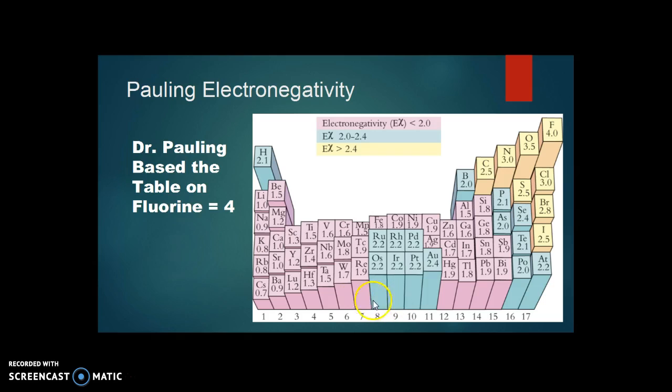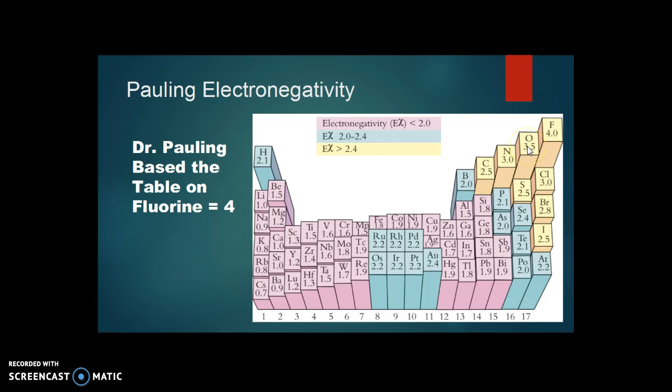So this is a table showing the electronegativities according to Dr. Pauling's scale. Here, you'll see that cesium, which is very, very large and is also a group 1 element, has the smallest electronegativity shown, 0.7. Fluorine, which is very small and has the most electrons of an active element in that second row, has the highest electronegativity of 4.